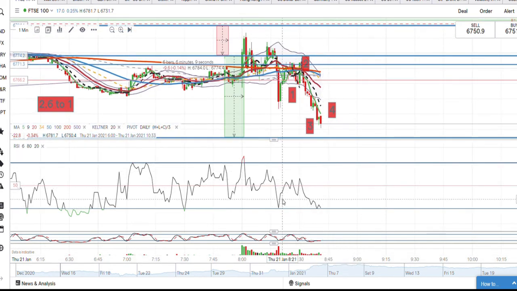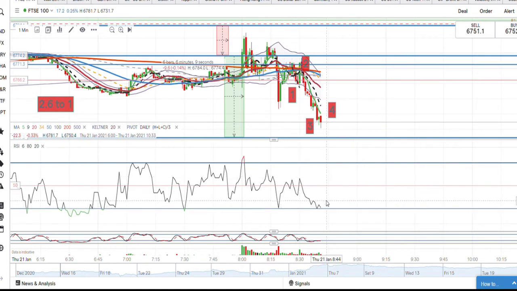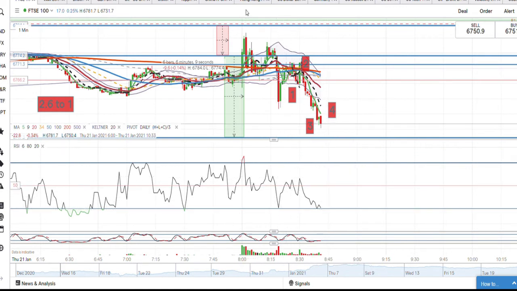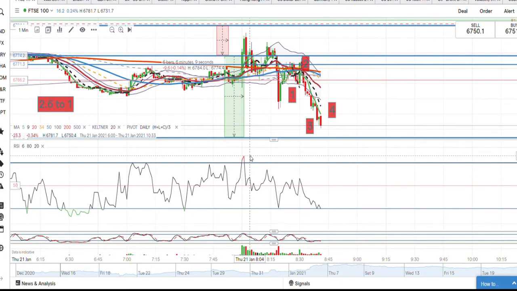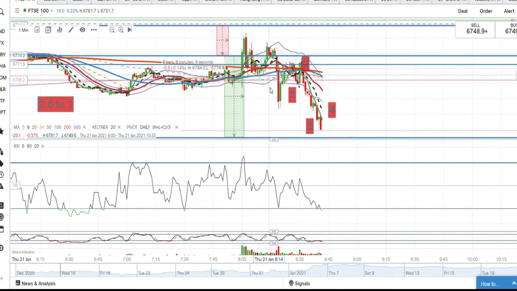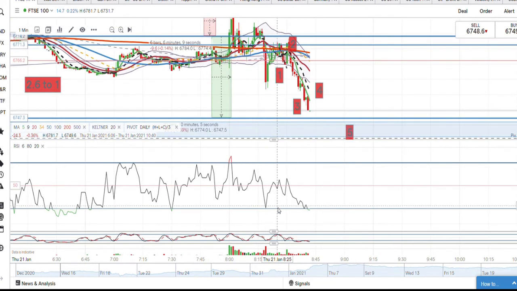And we're looking at the RSI here, we're now diverging. So you can see the open, and we spiked up to nearly 90. And then we've sold off, but now we're at 20.